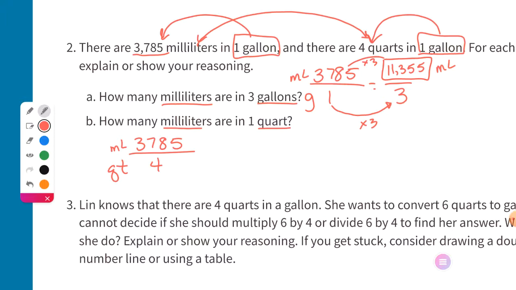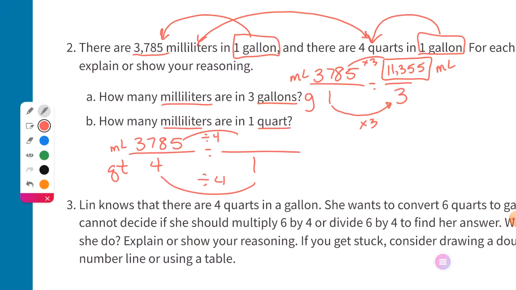And again, a lot of people probably didn't go there, and I think Hallie got there, you just went the long way about it. So I'm trying to get to 1 quart. Hallie, how do I get from 4 to 1? Divide by 4. Did you end up doing that same math in your problem somewhere? Yeah, 3,785 divided by 4. I just divided 1 by 4 to get 1 quart. Okay, so what do we get from 3,785 divided by 4? Someone type it in.